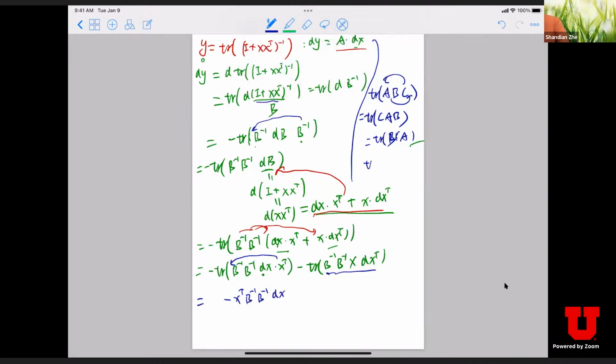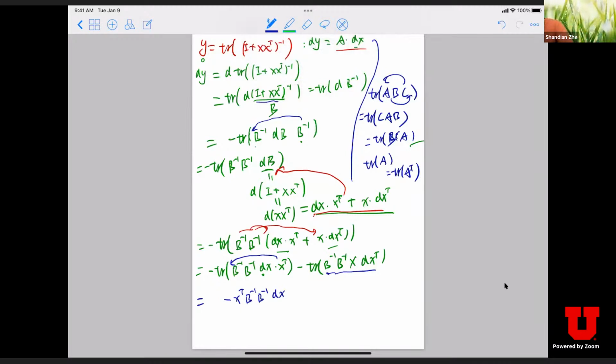That is trace A equals trace A transpose. Why is this true? Yes, exactly right. This square matrix A is not necessarily symmetric. However, if you do the transpose, it doesn't change the diagonal. You might change the lower triangular part and the upper triangular part, but it doesn't change the diagonal part.